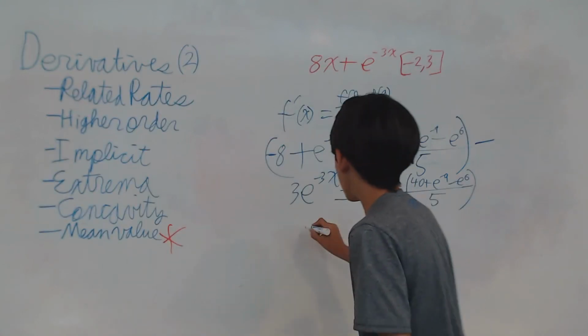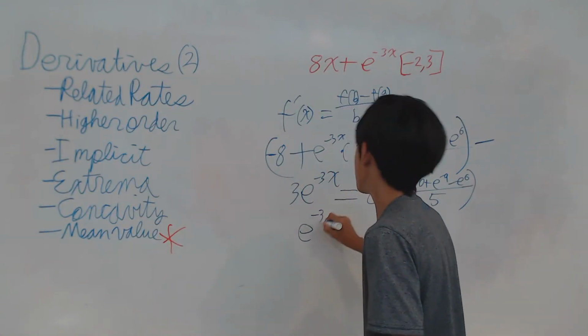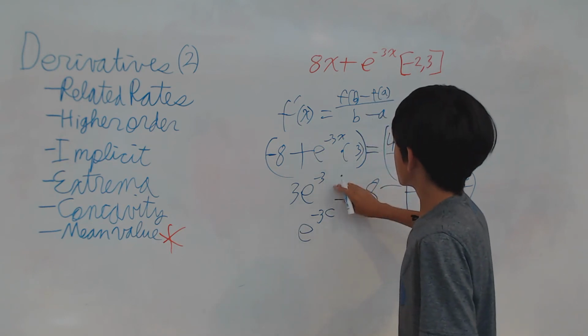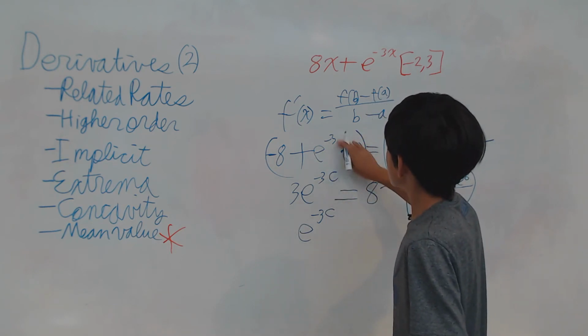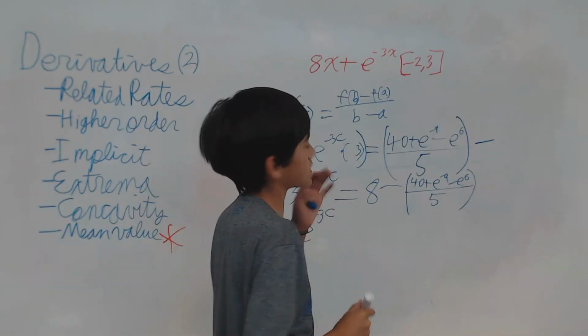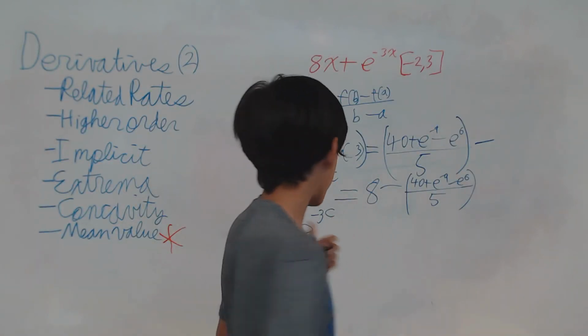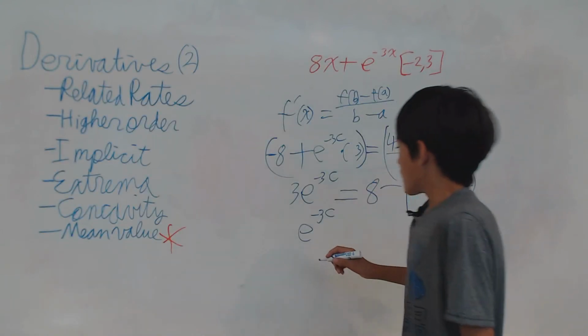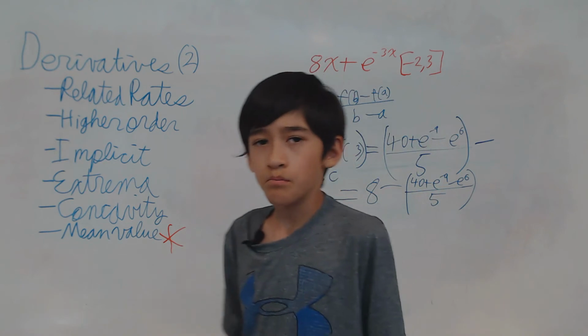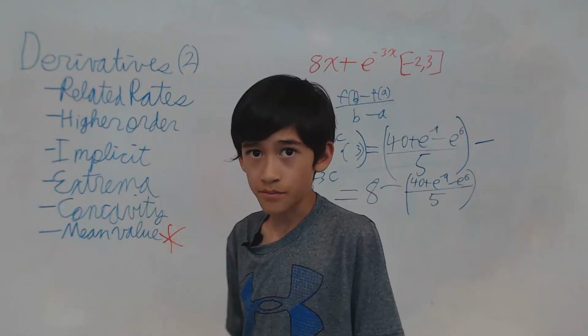So e to the negative 3c, actually this is supposed to be c. Remember, we convert all the x's into c's as soon as we take the derivative, right? And then dividing the other side by 3, I'm going to convert this into a decimal right here.